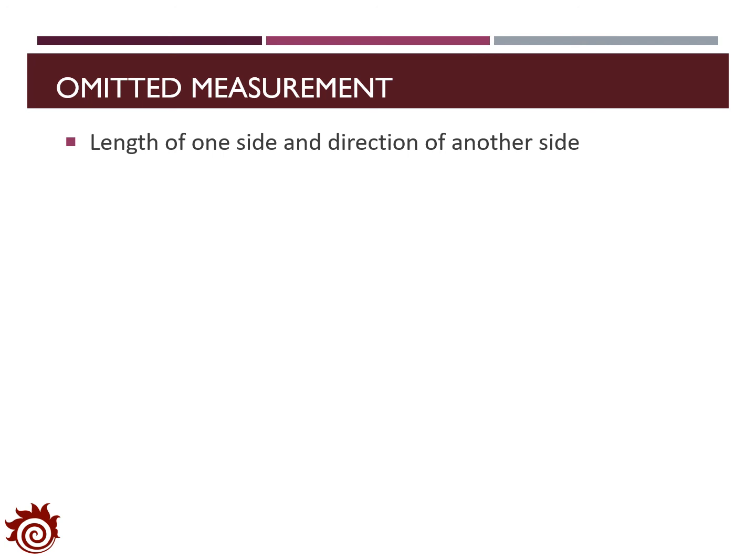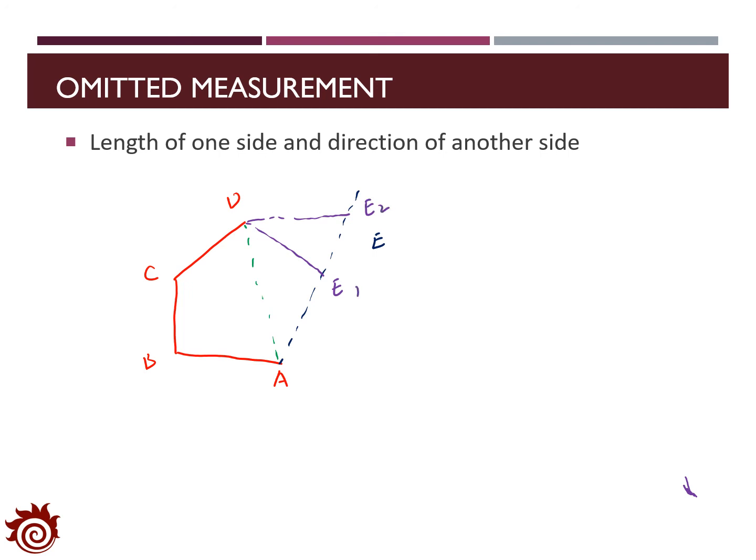For example, if we consider a similar example, we have the 5-side polygon A, B, C, D, and we know the direction of the segment A to E, and we know the length of the segment D to E. It's also possible that we can find out another segment about D to E with the same distance. So there are two possible solutions for this case.